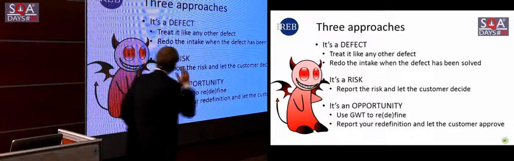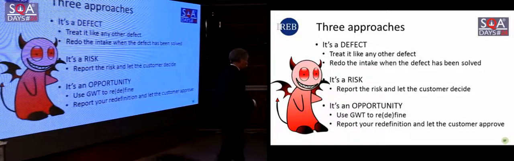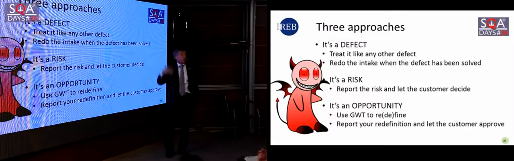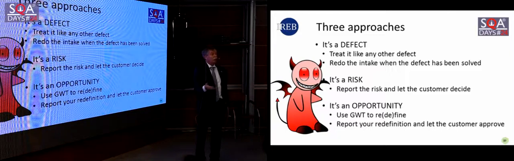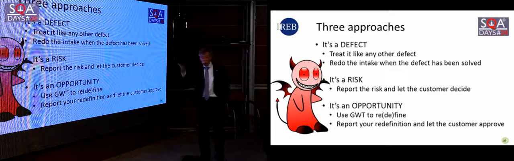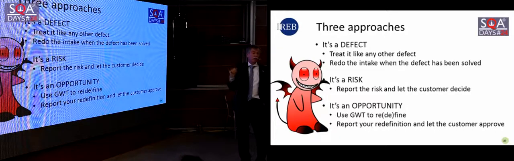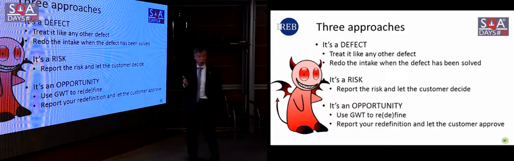If you found defects in your requirements, you have three principal approaches on what to do next. The first one is, it's just a defect, like all your other defects that you find in test execution. Treat it as a defect. Put it in your incident management system, send it to the right party that has to repair it, and then wait until it comes back.